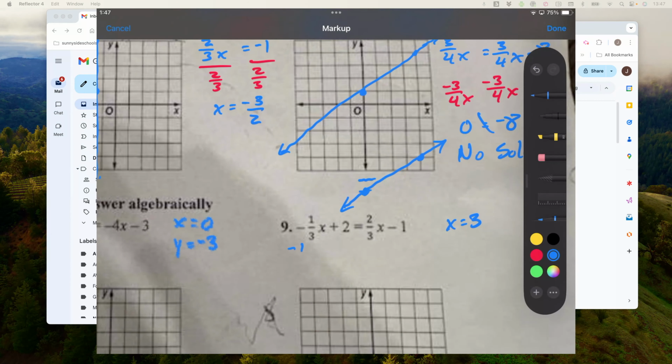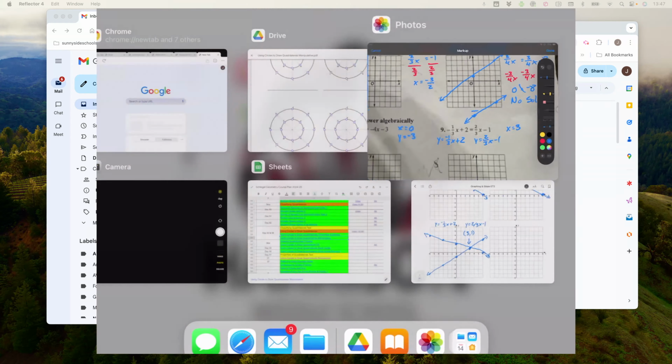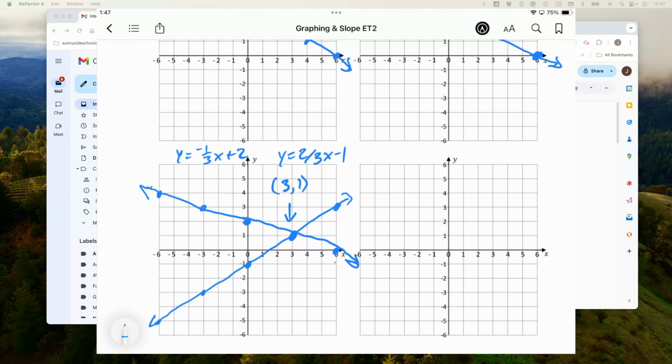We would have negative 1/3 times 3. Actually, let me back up and do this more properly. We can split this into two equations, y equals negative 1/3 x plus 2, and y equals 2/3 x minus 1. If we put 3 in there for both of them, we should get 1, so that it would match what we found graphically.